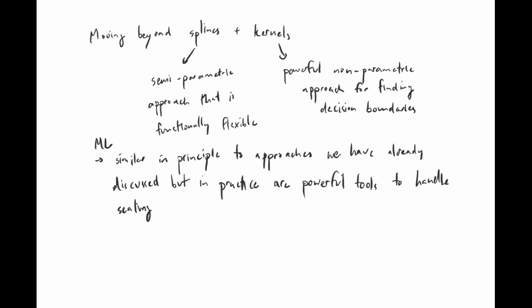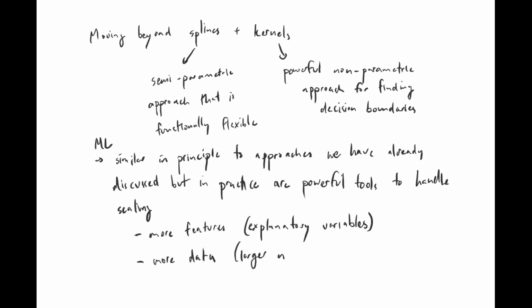We're going to start using more machine learning lingo. They call these explanatory variables features. So you have more features, and you have more data, or more rows, essentially.